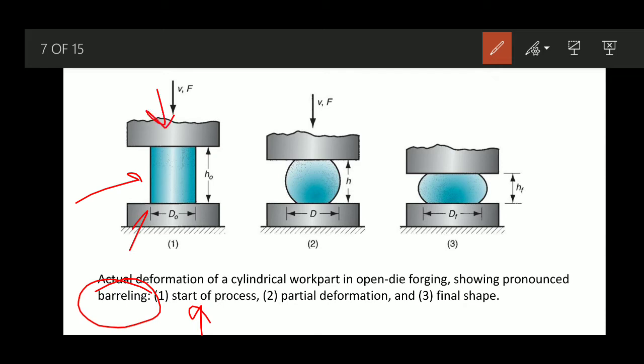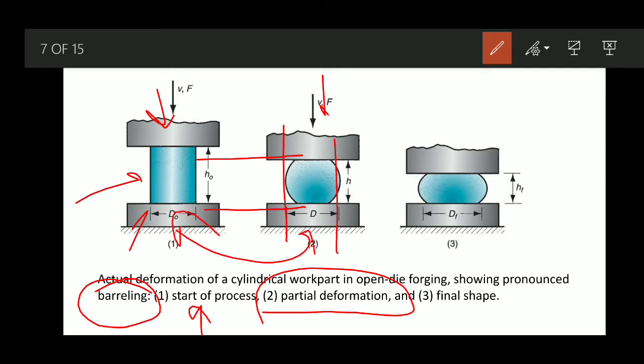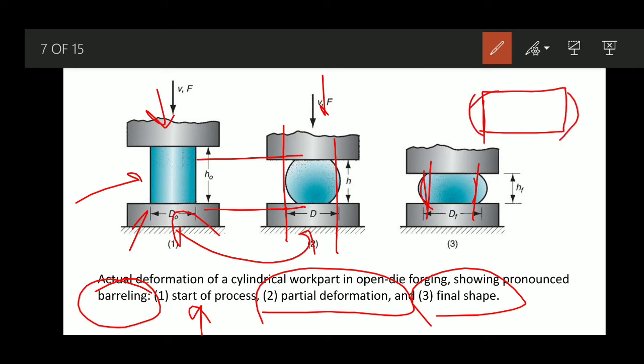This shows a partial deformation. It is undergoing some deformation: you can see the decrease in height, but an increase in the diameter. And the last one shows the final shape, in which you can very easily see this barreling. The final shape is not straight like this, but it is undergoing some barreling action. Okay, lateral movement will be there.